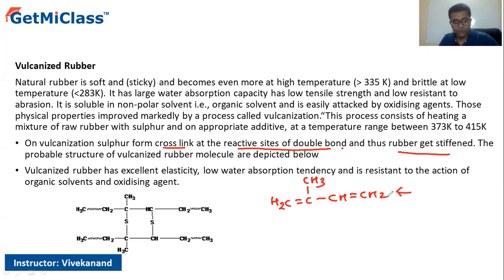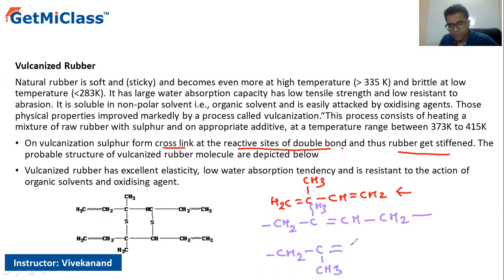Once it undergoes polymerization, it becomes CH2, single bond C, CH3 here, double bond here, CH, single bond CH2, and this goes on. The lower chain will be the same way, with CH3, double bond CH, single bond CH2, and it continues on either side.